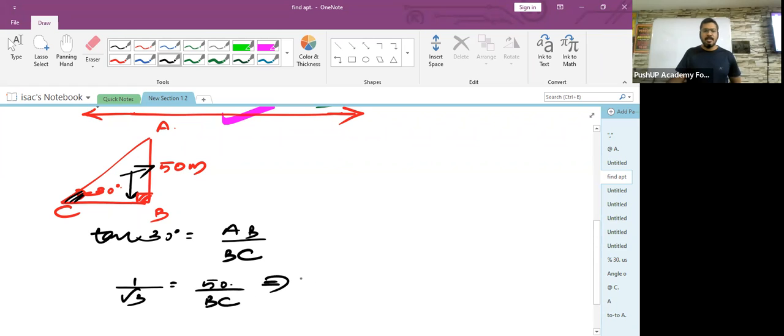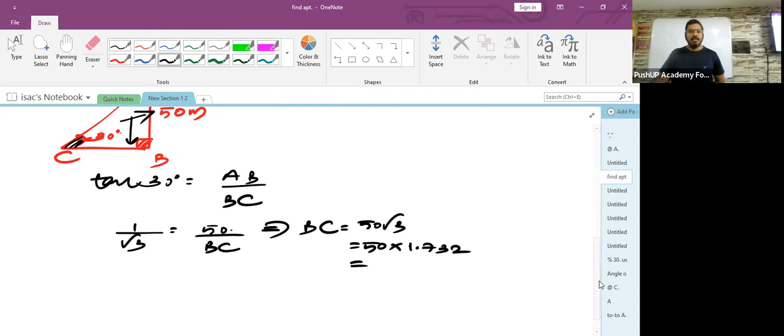So this implies BC into 1 is equal to 50 into root 3. Can you all get me the value of root 3? It's 1.732, right? 50 into 1.732. So children, you're going to write the final answer in meters. So how many decimal places? 2 decimal places.